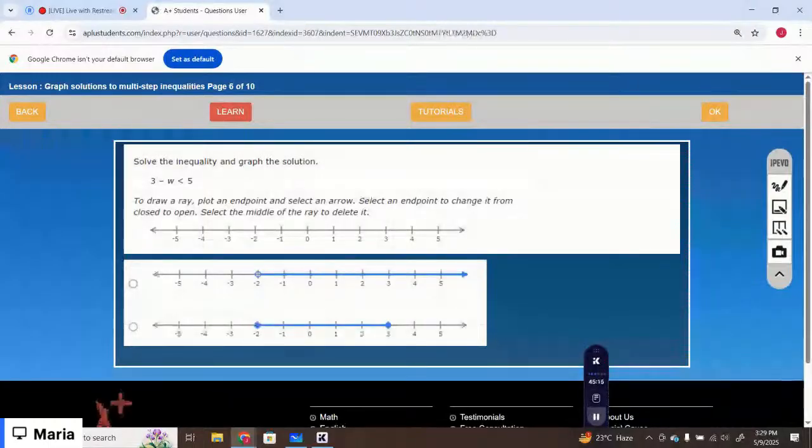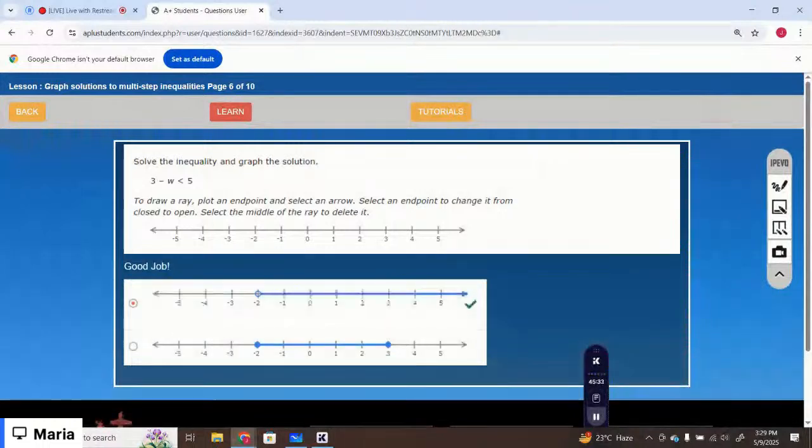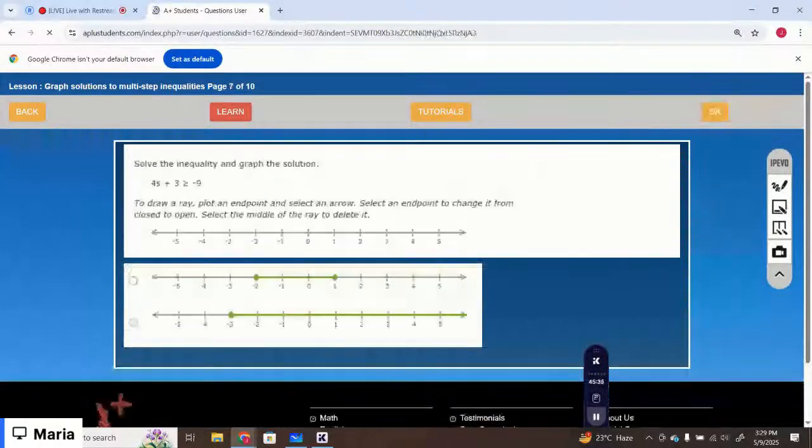3 minus w is less than 5. Option number 1 is the correct option.